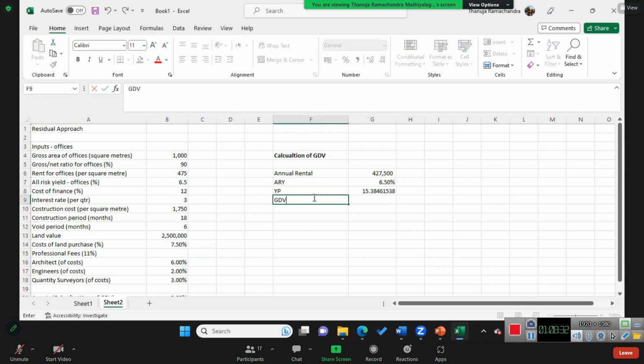So gross development value is net annual income into year's purchase.